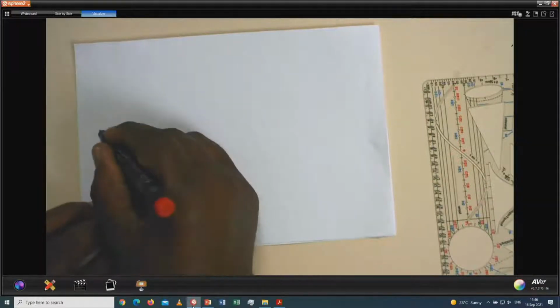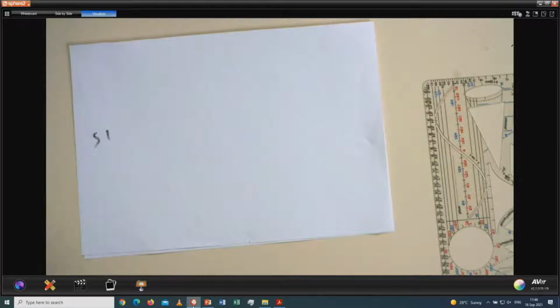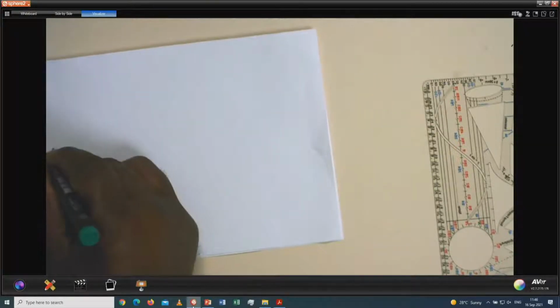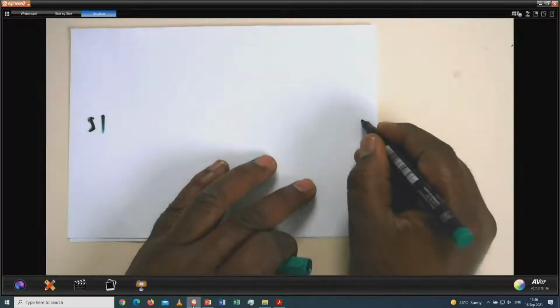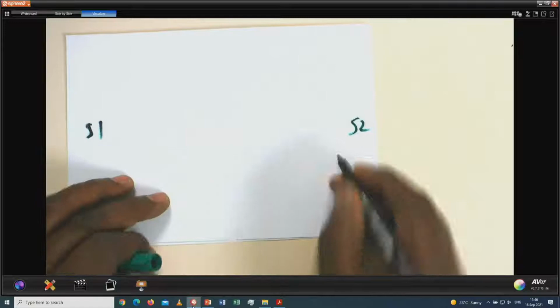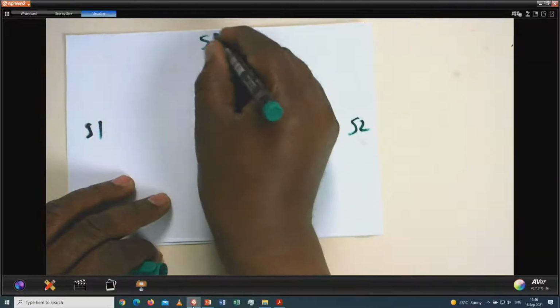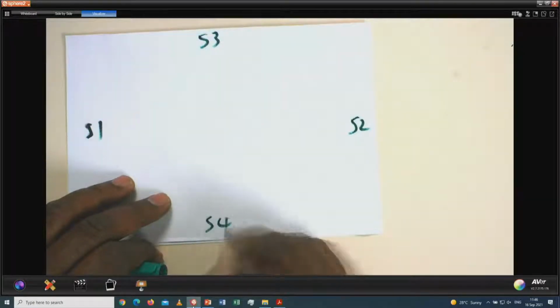But again, remember we spoke about the relationship. Once more, let's call this one side 1, this one side 2, side 3, not in a particular order, side 4.